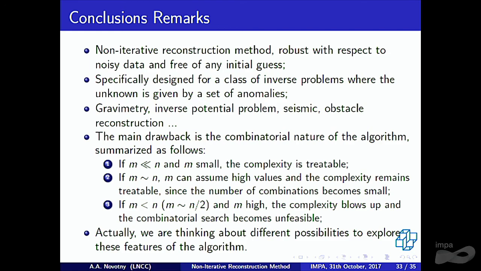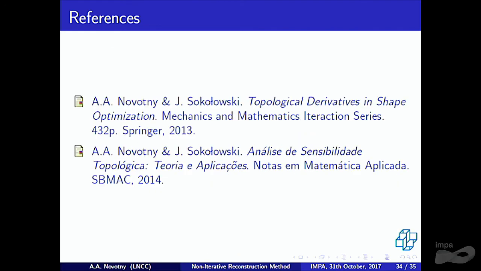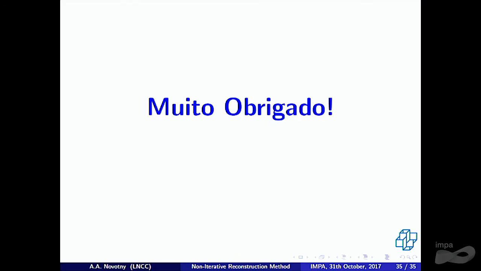It is completely feasible when m is smaller than n, for example, m equal to n over 2, but the complexity blows up provided that m is high. So this is really the bottleneck of the method. So for now on, we are thinking about how to use this feature of the algorithm to apply to different problems. Okay. So, thank you very much.